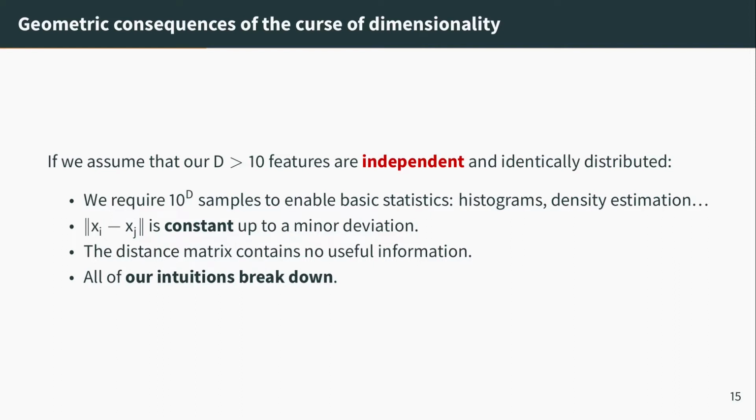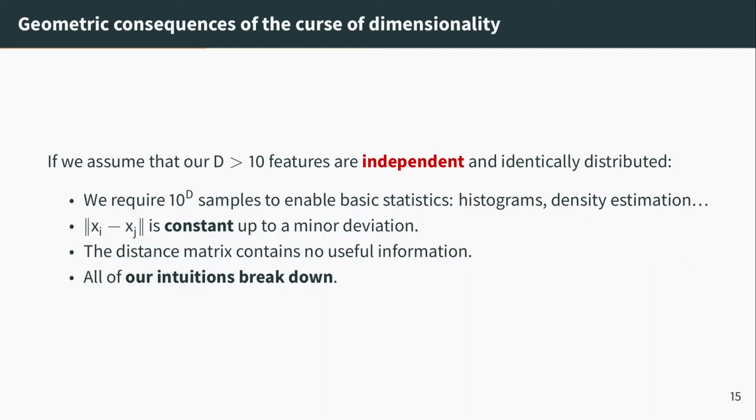The second thing is that we've seen that xi minus xj is once again something that looks like white noise. So everything that applied to the norm of x before also applies to the norms of the differences between points. What this means is that if I generate a large random sample with D features, and D is larger than 10, then on average the distance between xi and xj is going to be constant up to a minor fluctuation.